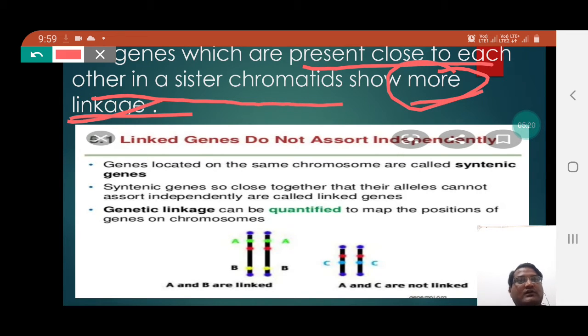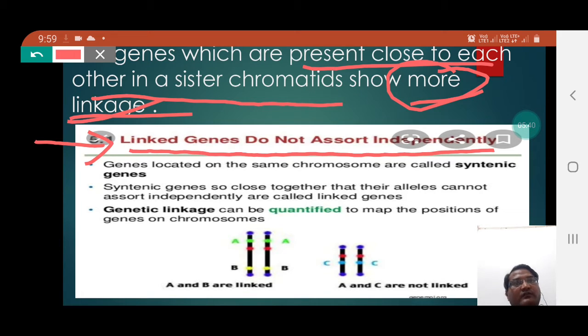Another point which clarifies this is that linked genes do not assort independently, that is, genes showing linkage don't separate from each other.